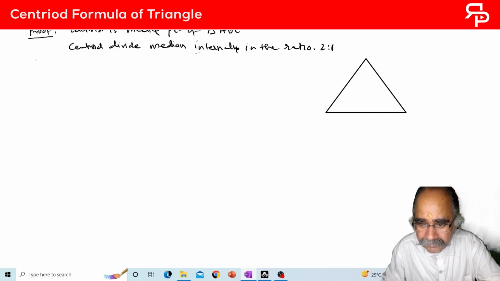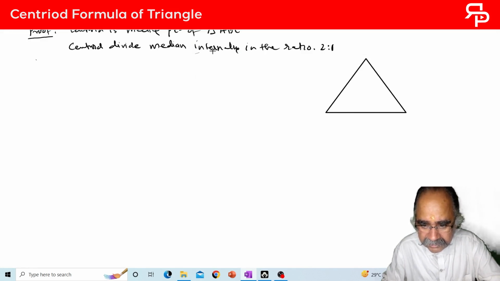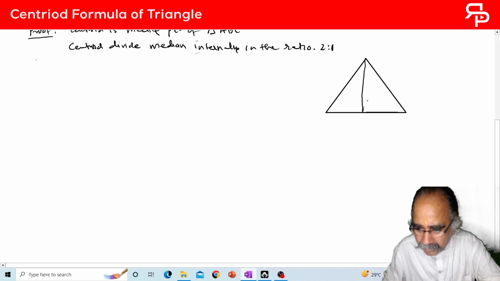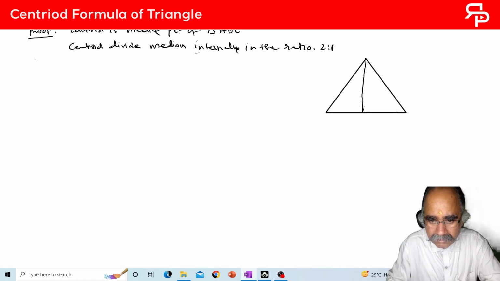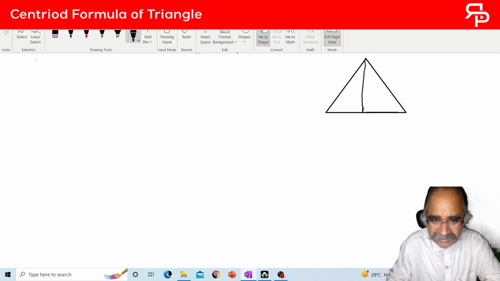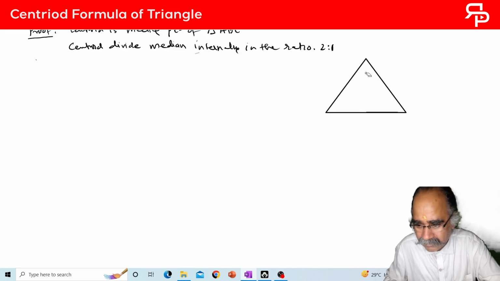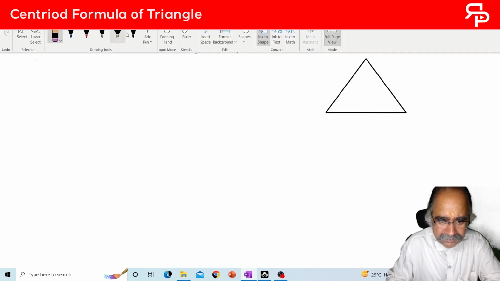Now again I'll go to what? For median, I had to select line. It is in shapes. So I will take line. Now I had to take median. This is midpoint. I'll draw this. A lot of things I had to learn. So I'll remove this eraser.